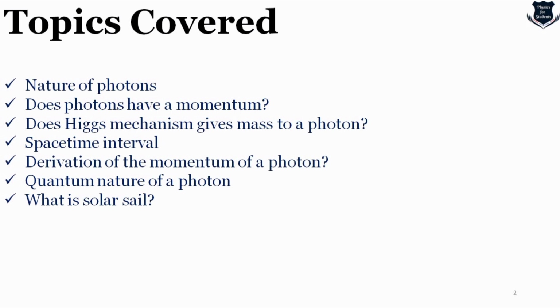What is called a space-time interval? What is the derivation of the momentum of a photon? What is the quantum nature of the photon? And an important application called a solar sail, in which we are going to learn how we can use the power of the momentum of a photon in direct industry use.